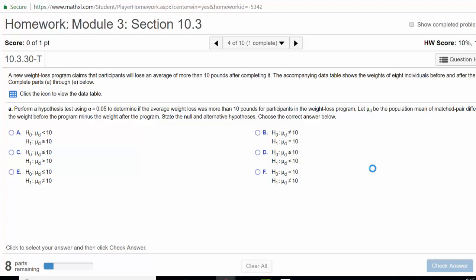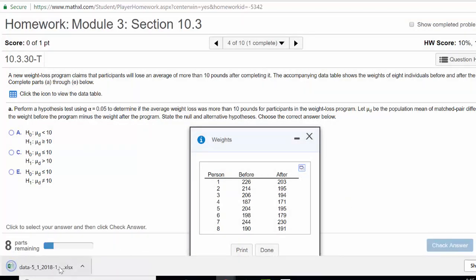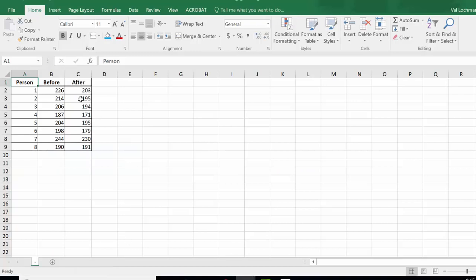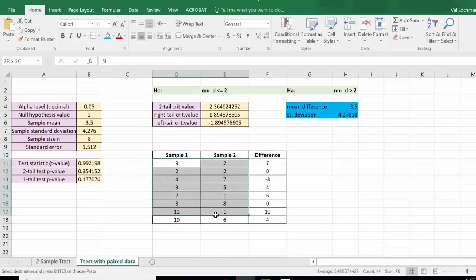The accompanying data table shows the weights of 8 individuals before and after the program. So let's go ahead and see that data. Just like before, we're going to open it in Excel. I'm going to copy these cells and put them in my file.